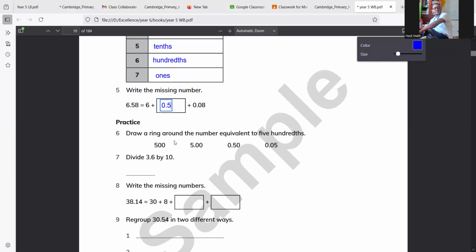They say draw a ring around the number that is equivalent to 5 hundredths. Let's go for each one of them. What is it? This one, it is 5 hundredths. And this one, it is 5 ones. This one, it is 5 tenths.